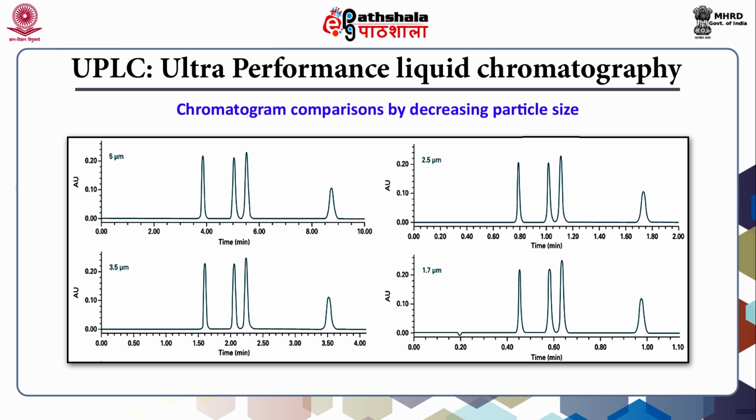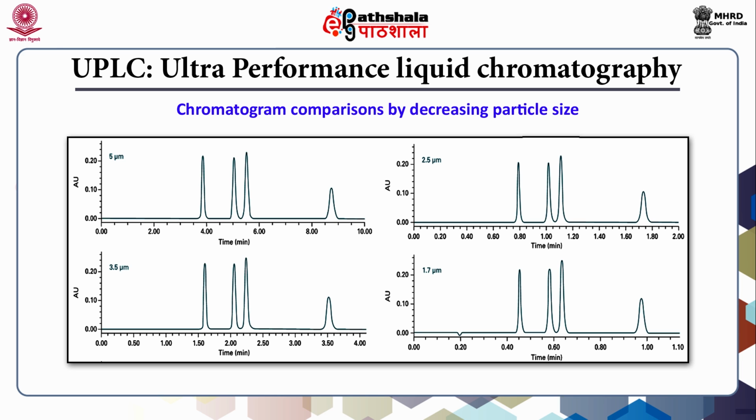Once the stationary phase particle size is decreased to 3.5 micrometer, the retention time of the first peak we can see at 1.5 minutes. If you decrease the particle size further to 2.5 micrometer, the retention time decreases to 0.8 minutes. Then if you decrease the stationary phase particle size to 1.7 micrometer, the first peak we can see at 0.5 minutes.